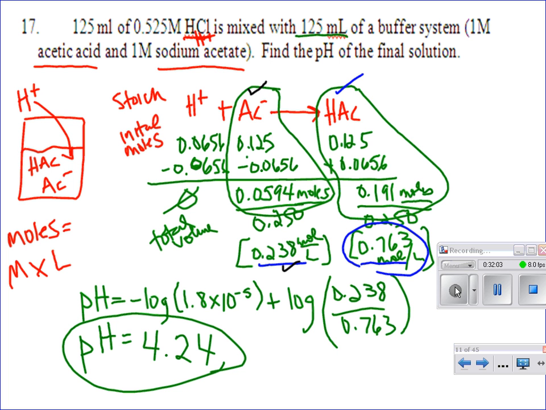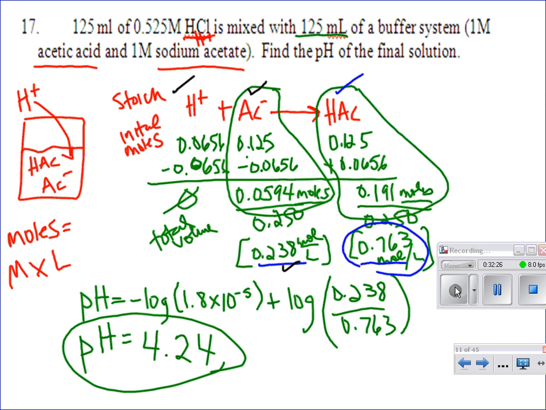Now here's the kicker. If you have strong left over, 90% of the time, you're going to have something else left over with it, like you'll have strong and a conjugate or something. If you have strong left over, strong wins the battle. So you don't even have to consider the contributing moles from the other species because the strong is going to be so much stronger.